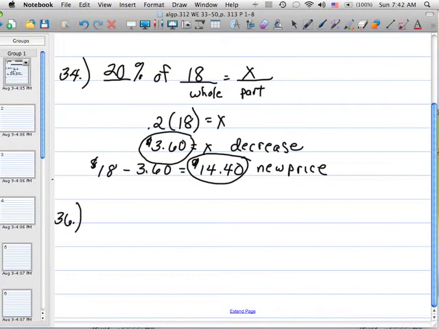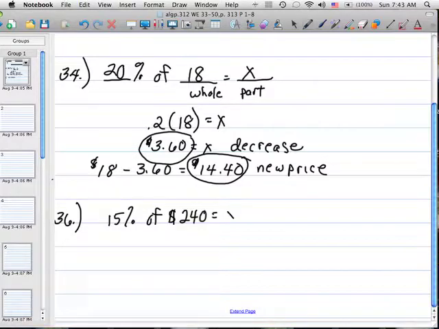Problem 36, the same thing. We have 15% is the decrease or the discount of $240 equals how much? X, the part. So take 0.15 and times it by 240. You can use a calculator for that.